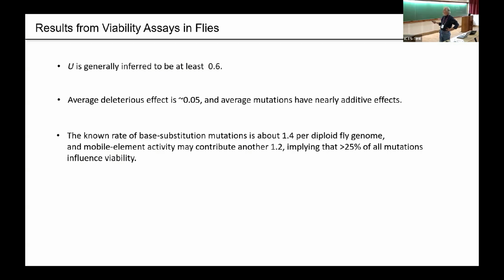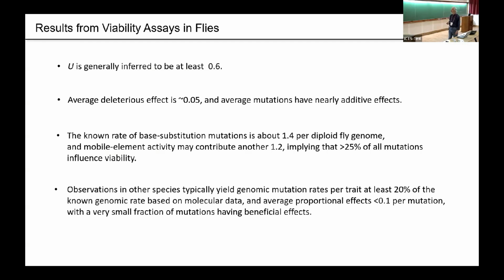That seems a little bit high to me, but if it were the case, then the total rate is 2.6, and 0.6 over that would imply that over 25% of the new mutations arising in a fly are influencing viability. So maybe we shouldn't be surprised if viability is a giant mutational target. Almost anything you do, if it's a functional site, is going to influence the biology of the bug. And the mobile elements might influence the effect size as well.